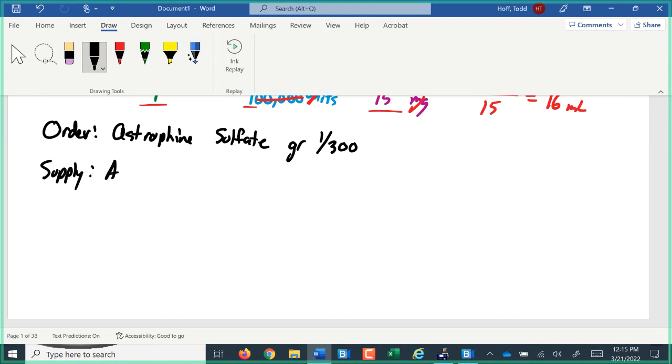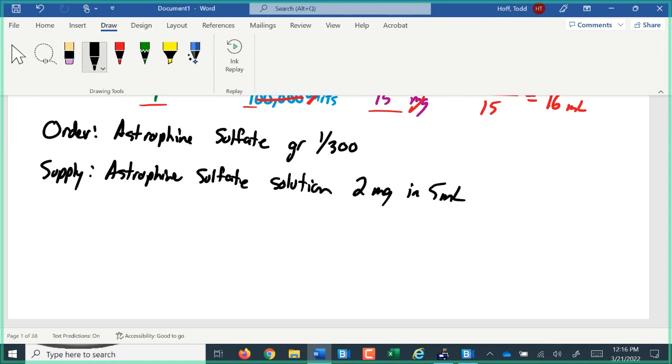Our supply, atropine sulfate, 2 milligrams in 5 milliliters. So first, the word solution tells us you don't have to shake it. Or if you do shake it, you should let it sit and calm for a minute before you load a syringe.